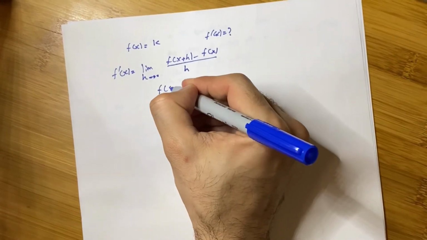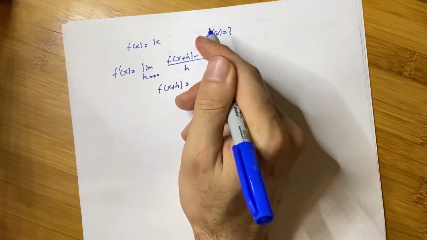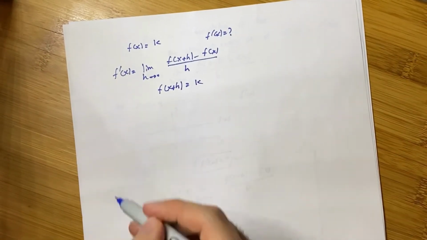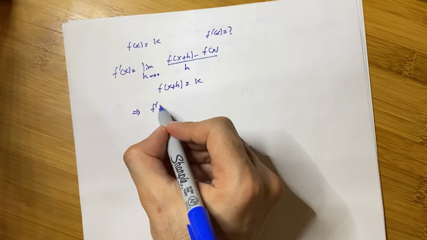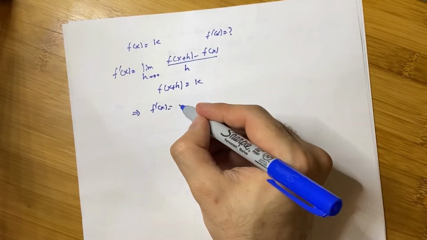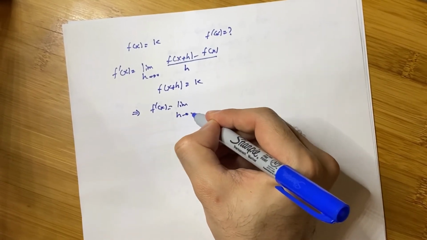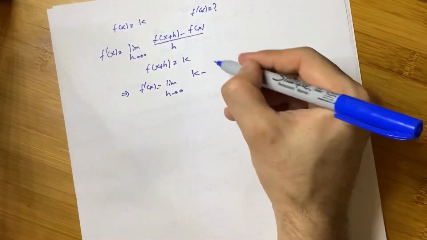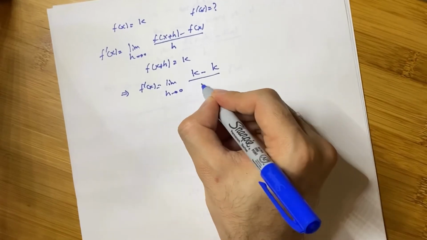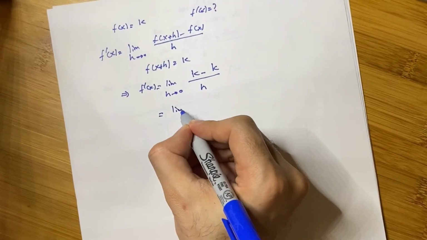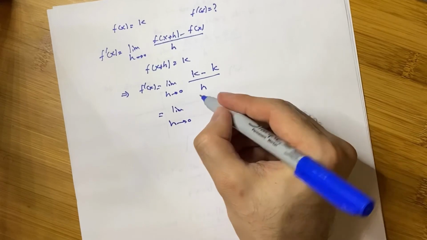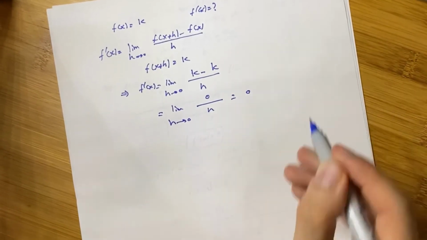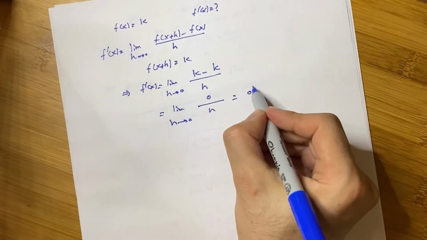Again, the term here, f of x plus h, will be just k. So f prime of x will be just the limit as h goes to 0 of k minus the function, which is k again, over h. That will be the limit as h goes to 0 of k minus k, which is 0, over h, which is equal to 0.